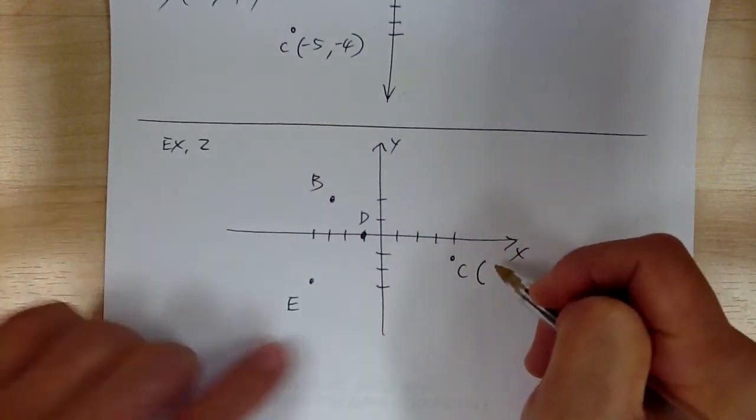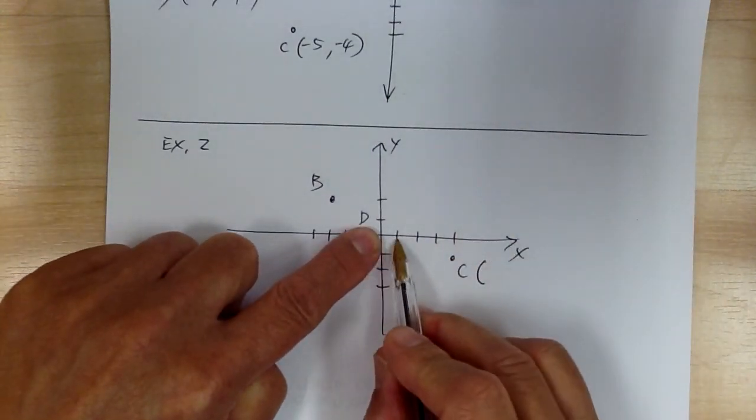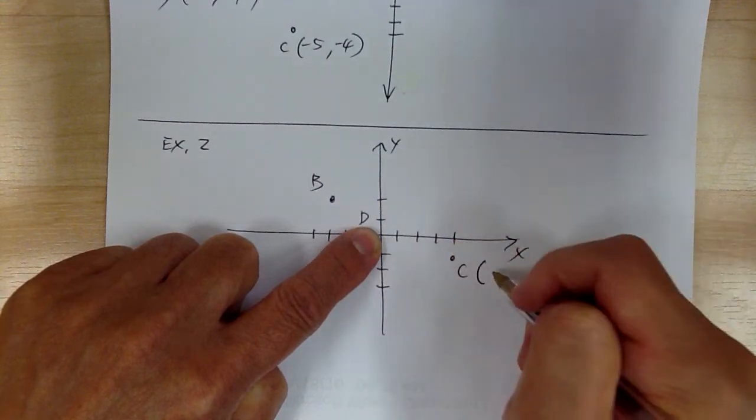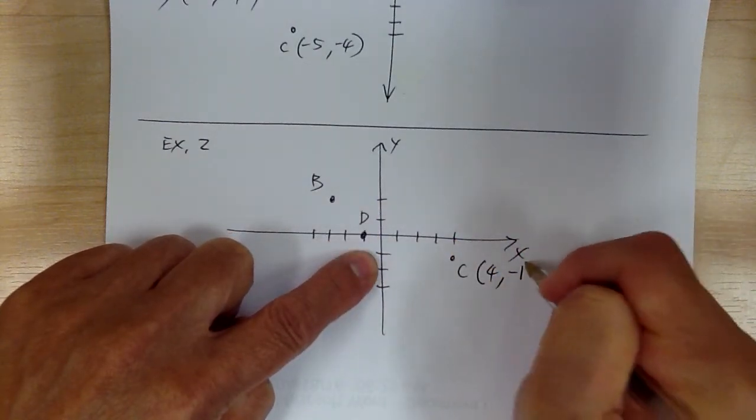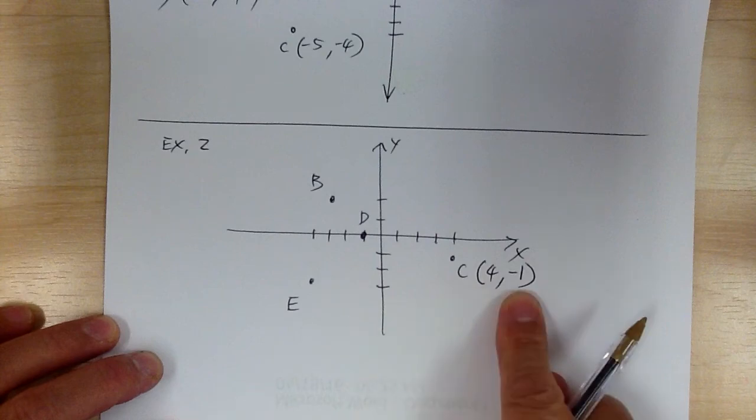So this point is going to be, again, you start over here, you go 1, 2, 3, 4. So that's 4. And you go down 1, so it's (4, -1). So that's how you name the ordered pair.